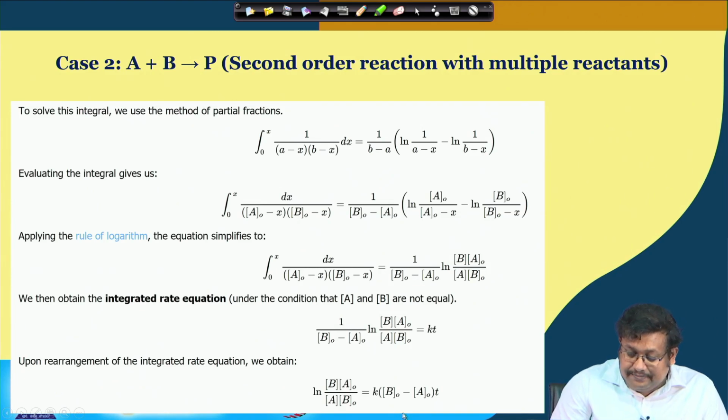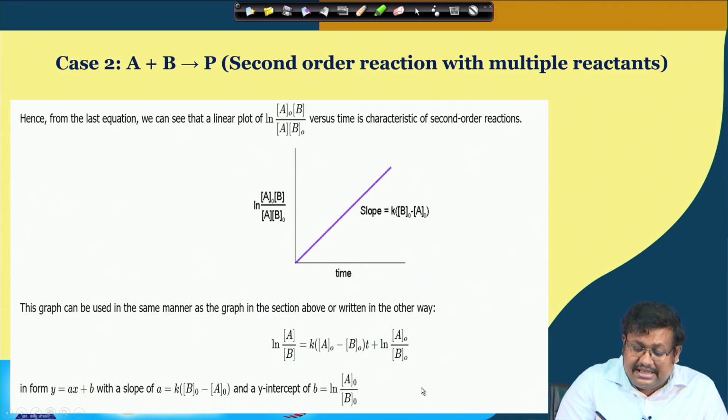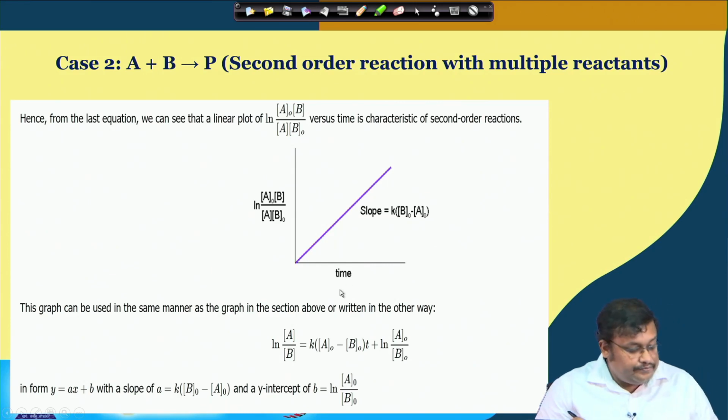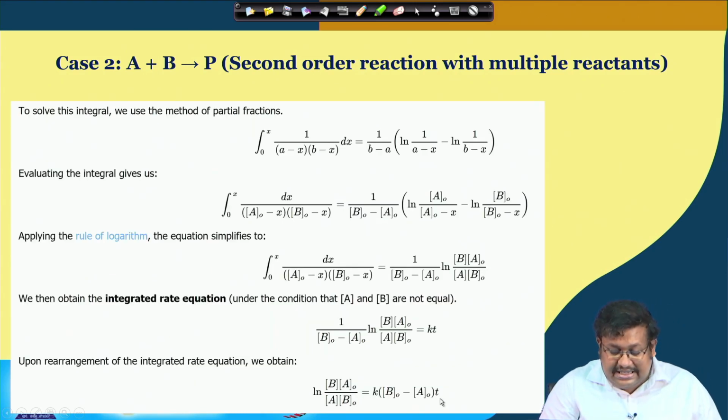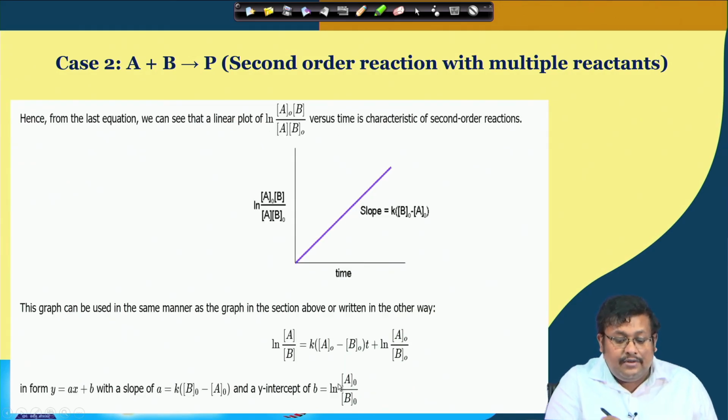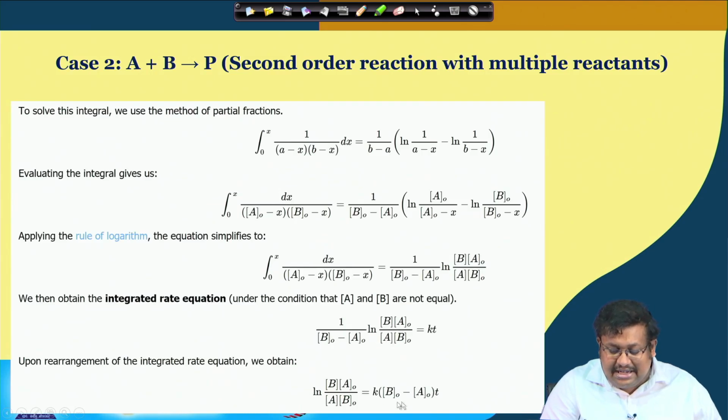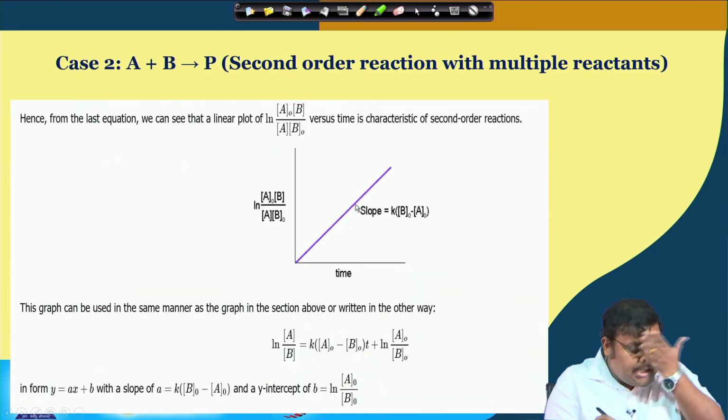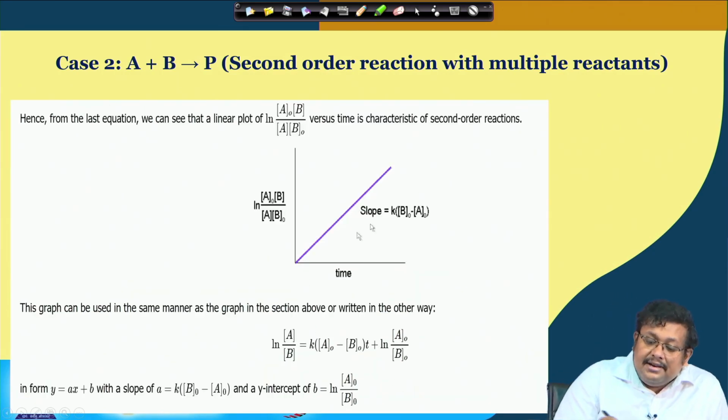Here this is basically a constant, and when we are plotting time versus the logarithm of this expression, we will get a slope, and this slope will be k multiplied by this. So, this is a constant, this is a slope, and this is where we are getting a straight line for a second order reaction.